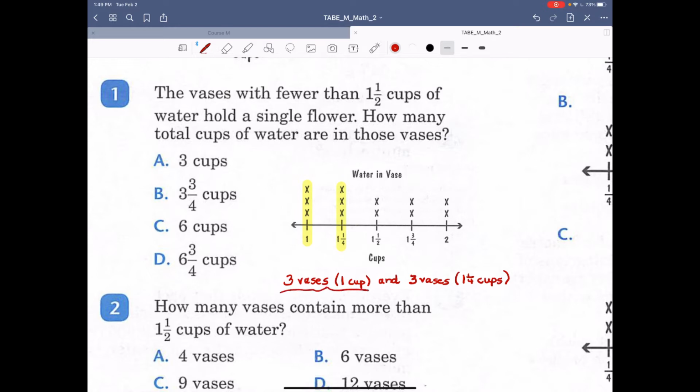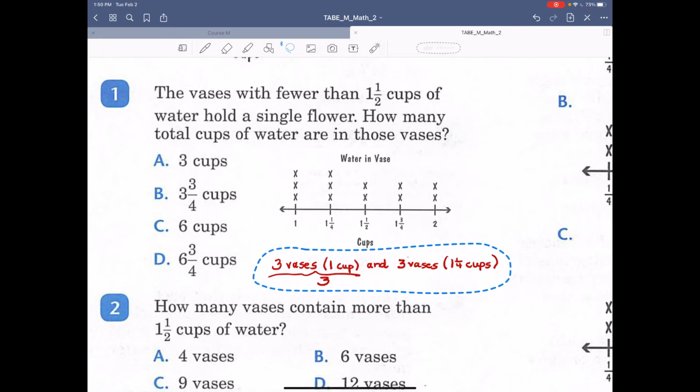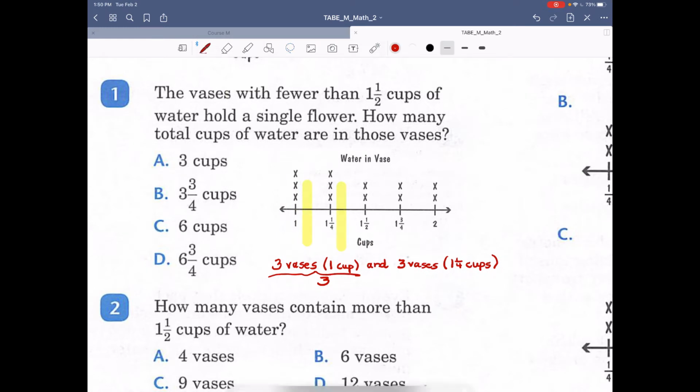So this part is 3 cups. And that means plus 3 times 1 1/4.